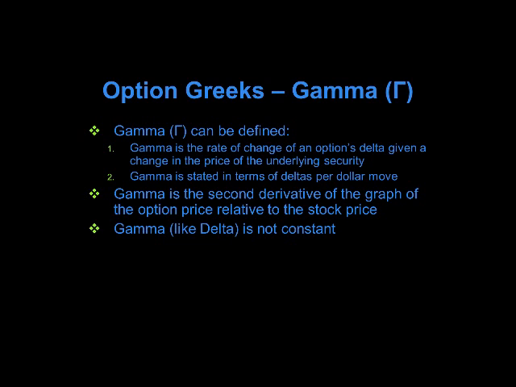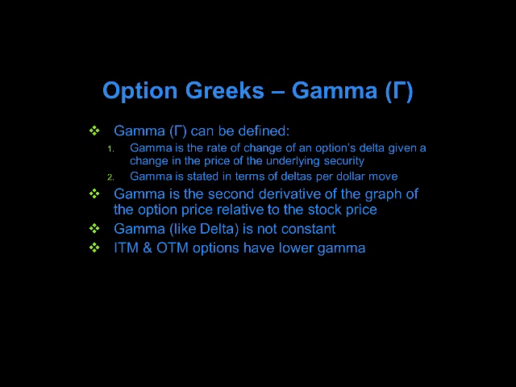Gamma, just like delta, is not constant. It's always changing. Stock goes from $50 a share to $50.05, $50.10, $50.20, and on and on. Gamma is always increasing or decreasing. Same thing with delta, all right? And they're both affected depending on whether you have calls or puts and whether you're long or short. In the money and out of the money options have the lowest gamma.